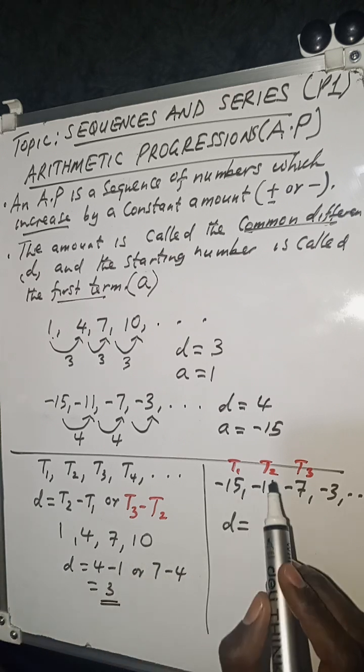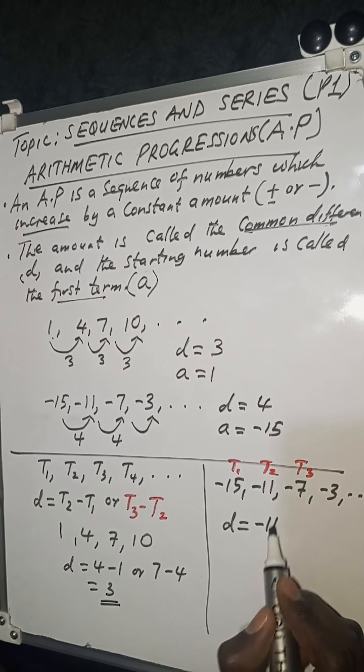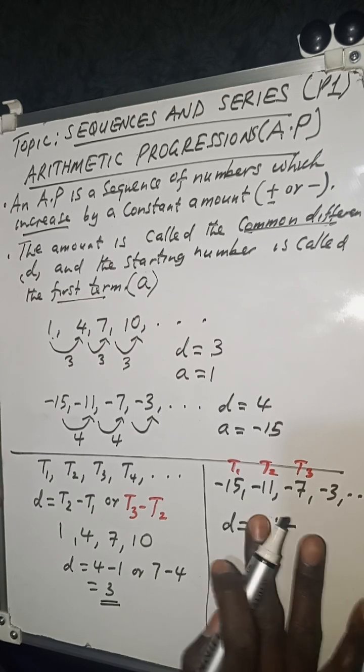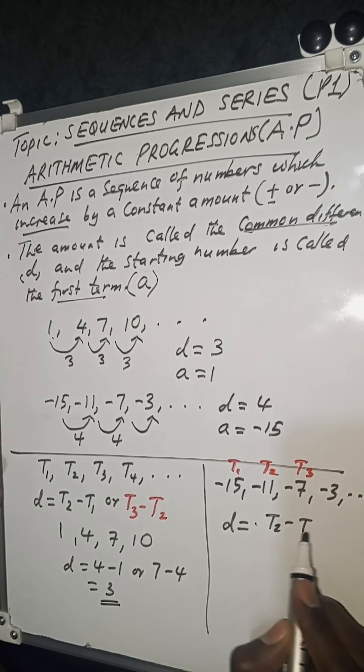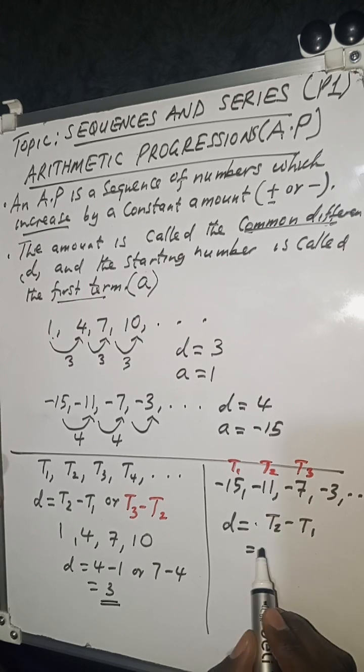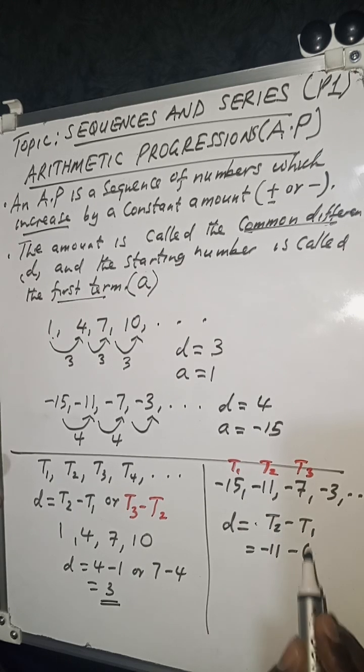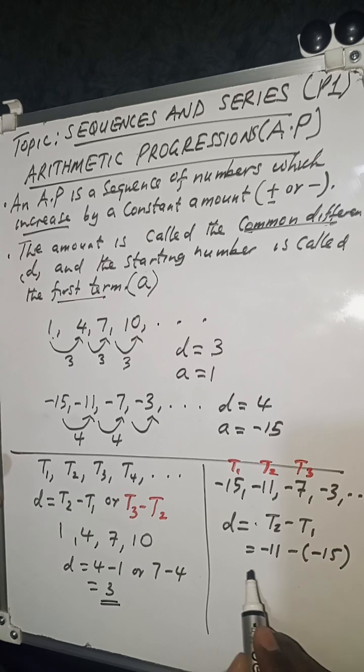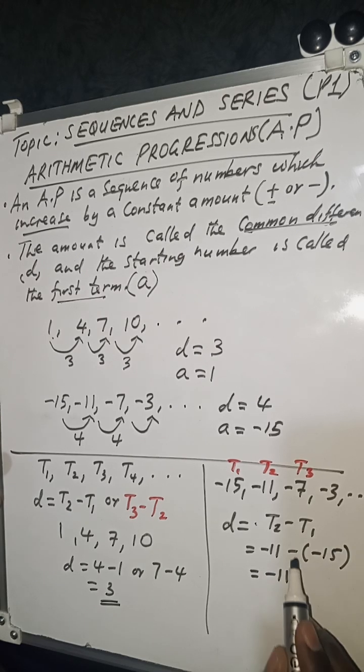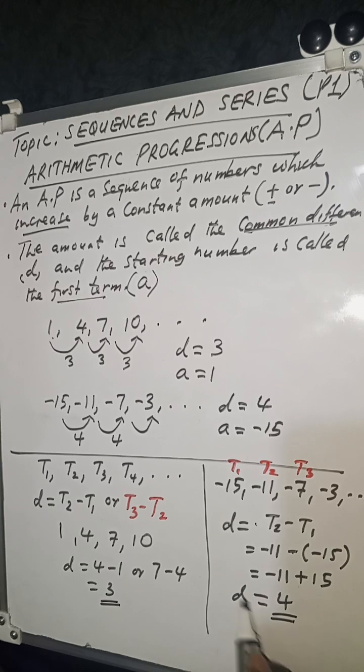So just follow them the way they are. Remember, it is T2 minus T1. So what is T2? Negative 11 minus T1, which is negative 15. Negative and negative is positive, so negative 11 plus 15 will give you 4. And that's the common difference that we found.